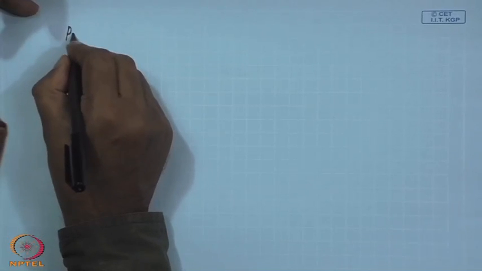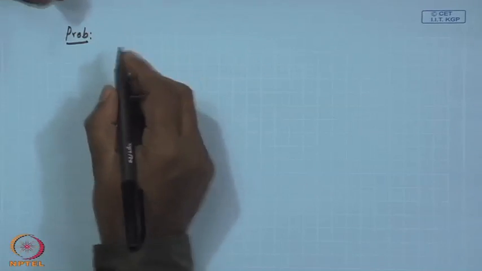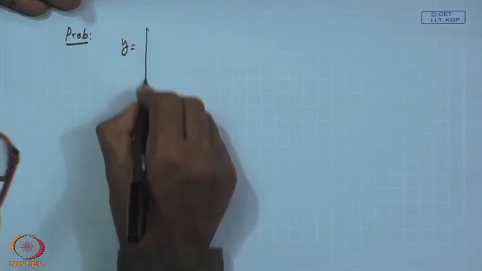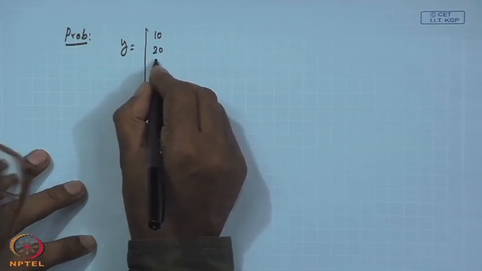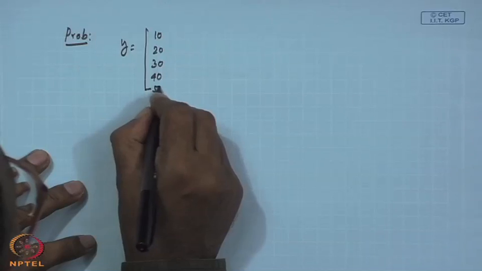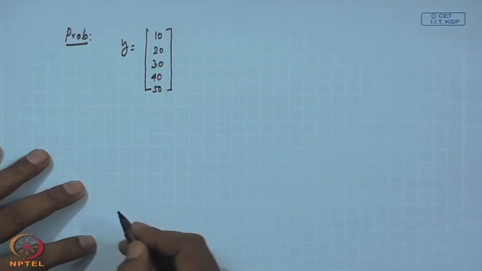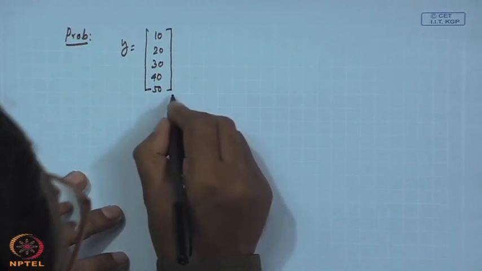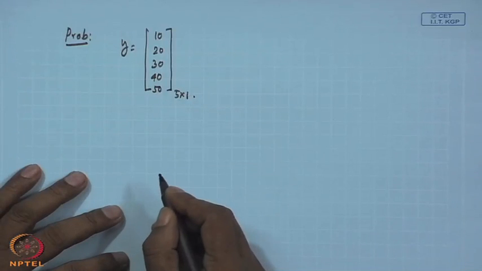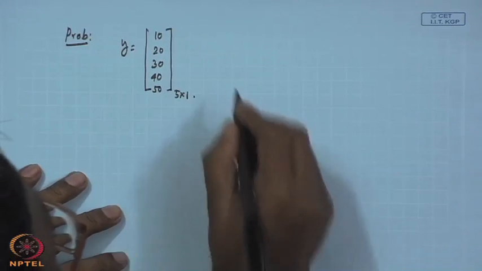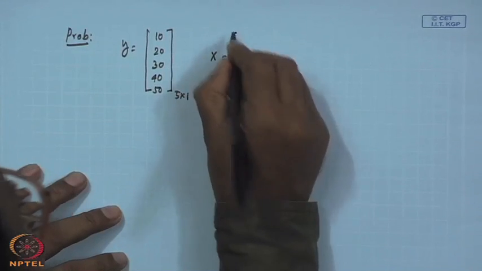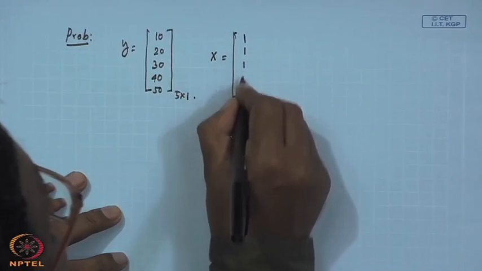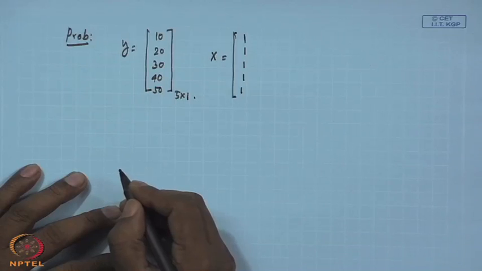Let us solve one problem. Suppose y is 10, 20, 30, 40, 50. This is my 5 cross 1 vector, and my design matrix is 1 1 1 1 1, that will always be there.